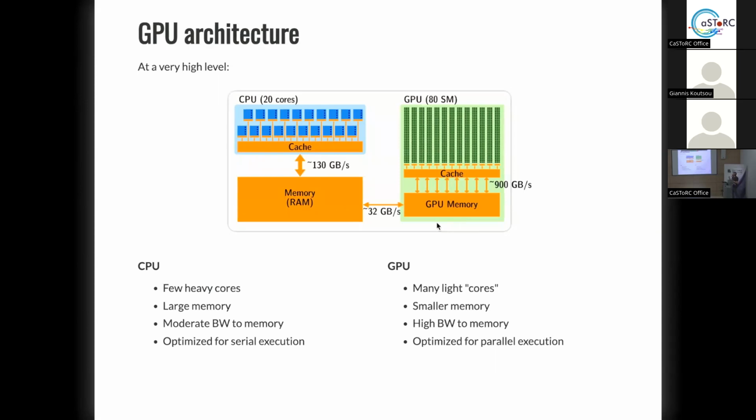Another thing is that these GPU cores are optimized for parallel execution. I don't know if you're familiar with this, but if you're familiar with how vectorization works on a CPU, like SIMD, single instruction, multiple data operations, where you have an array of data and you want to do the same operation on all the elements of the array.